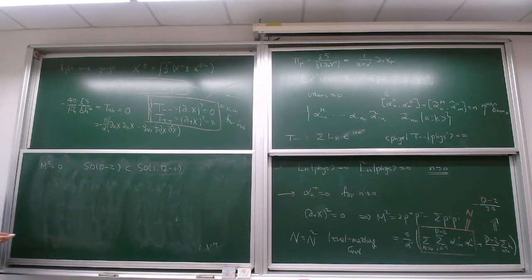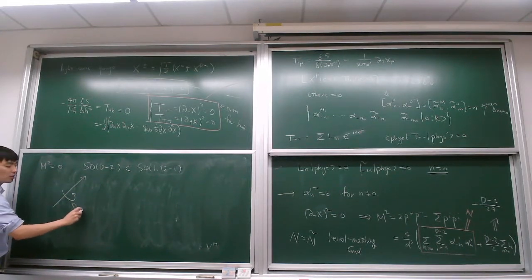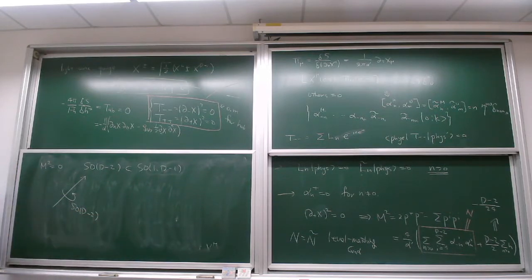If you have a massless state, it's moving at the speed of light, so you cannot go to the rest frame. Therefore the only invariance is about the transverse directions. This is SO d minus 2, called the little group.